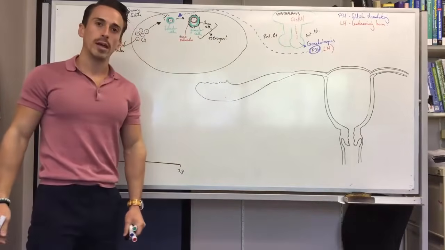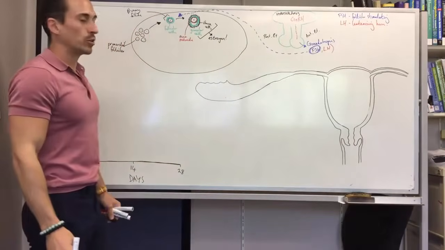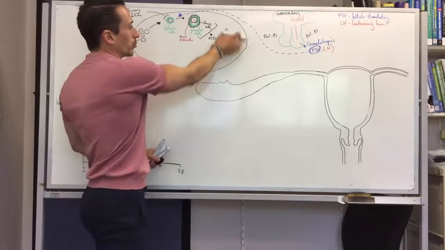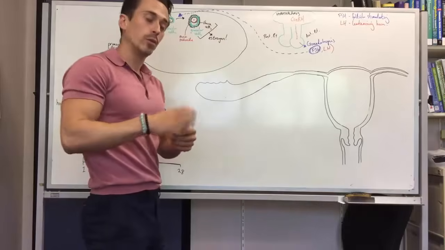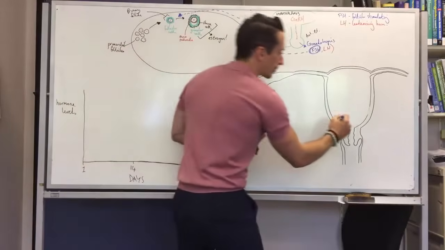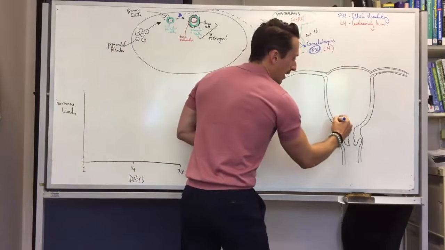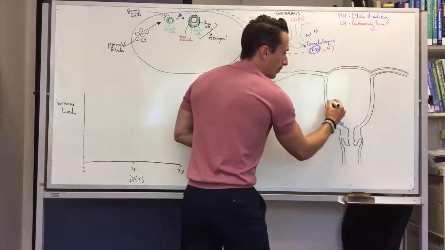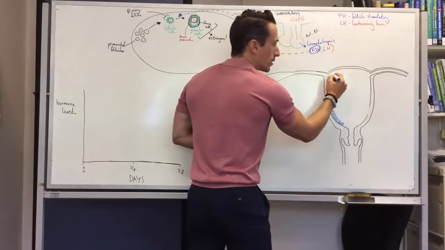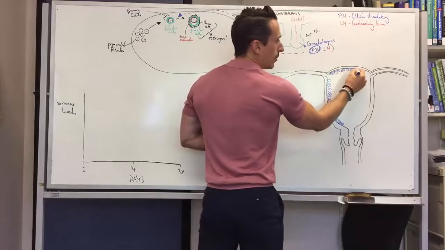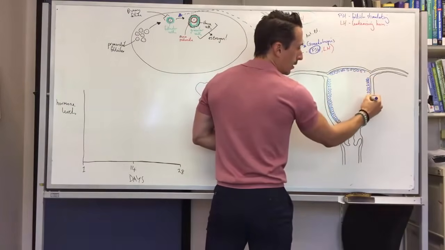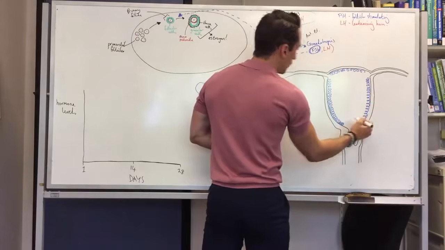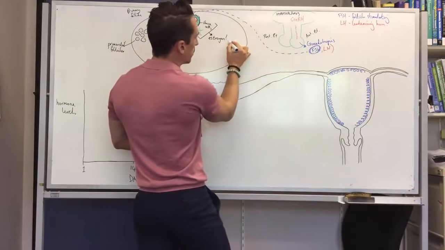The hormone estrogen. And what does estrogen do? Well, estrogen will travel to the uterus and will tell the uterus to start to prepare its uterine lining. Why is it doing this? Because it's saying, hey, there's a baby coming, fingers crossed. We need to prepare the uterine lining for implantation. So that's what this estrogen does.